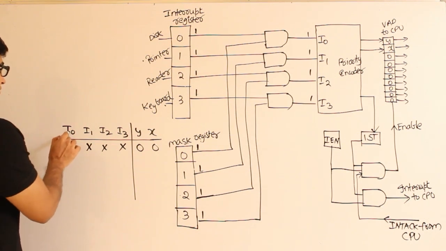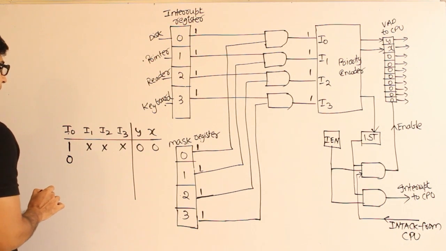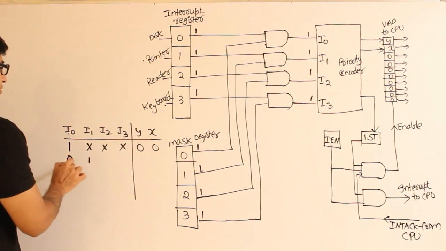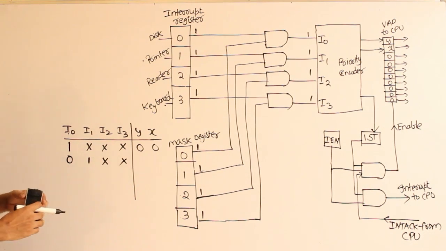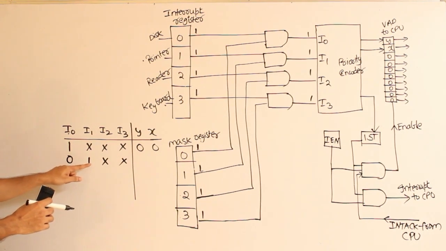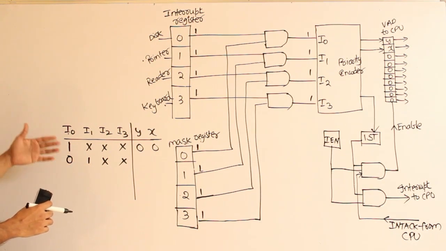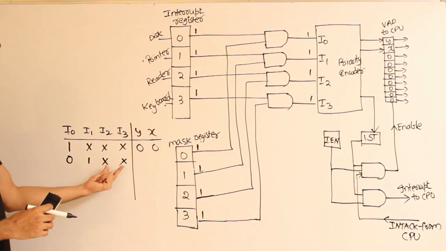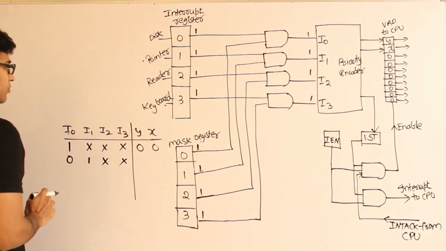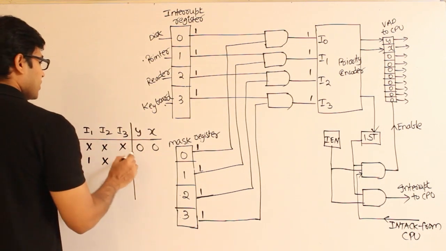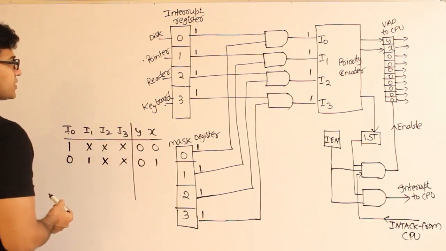In case disk says that I don't need any service, then if this one is 1 and these two are don't cares, which means if printer needs an interrupt service and disk doesn't need any, then irrespective of what the remaining 2 devices say, we should always process the interrupt service routine of 1, which means the output will indicate that you have to service device 1.